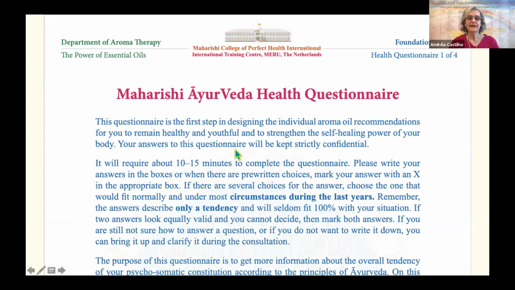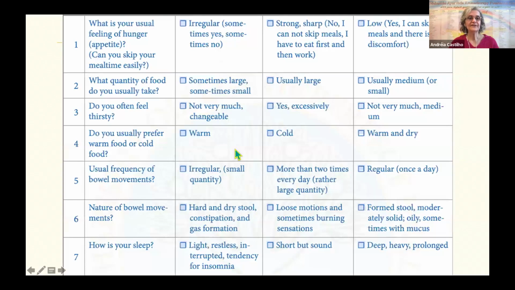So our Maharishi AyurVeda Health Questionnaire, just to give you an idea, has 20 questions. So for each question, you're supposed to choose the one that best describes you. The first column is Vata, second column is Pitta, third column is Kapha.